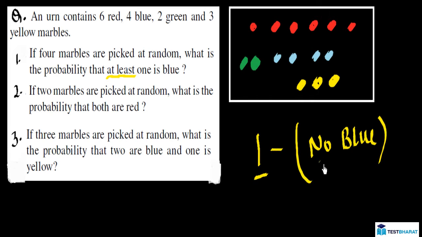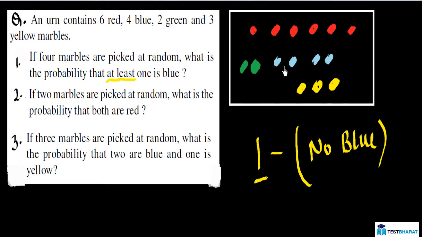The probability of getting no blue marble will be, if I choose from only red, green and yellow. If I don't consider the blue set, then if I draw my marbles from red, green and yellow, I won't get blue. This is common sense.